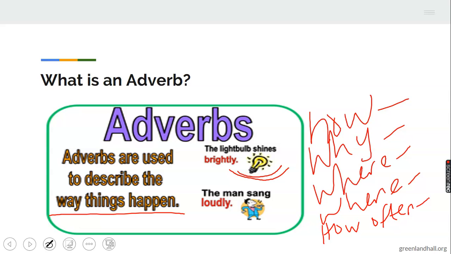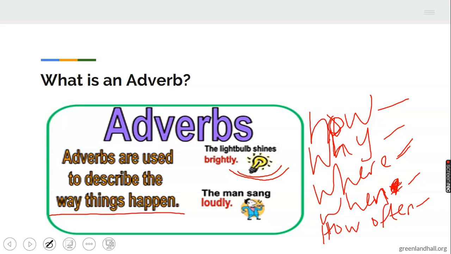It talks about how an action takes place, why the action takes place, where it takes place, when it takes place, how often it takes place, and so on and so forth. So as the class proceeds, I'll be telling you a lot of things you need to know.